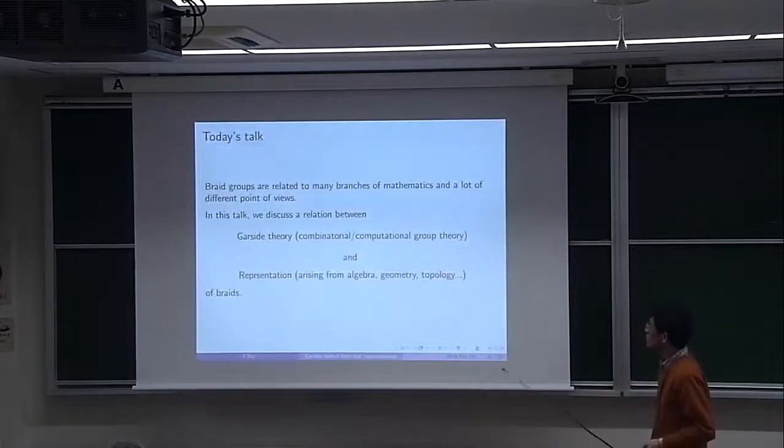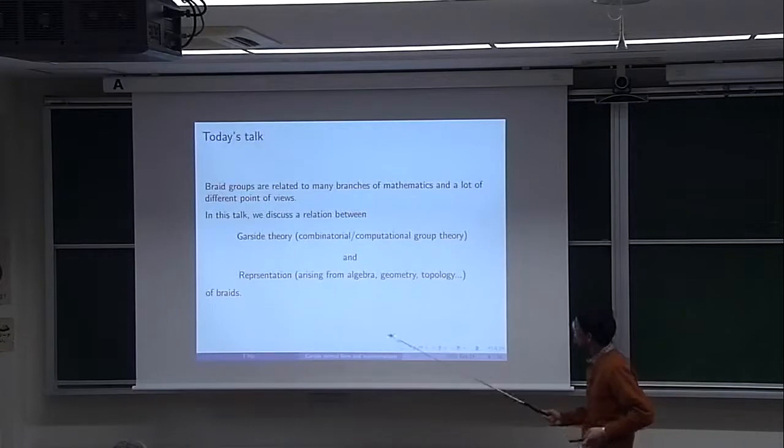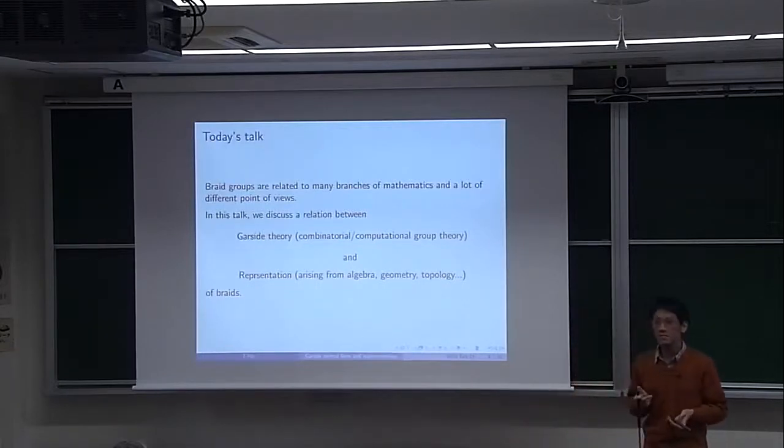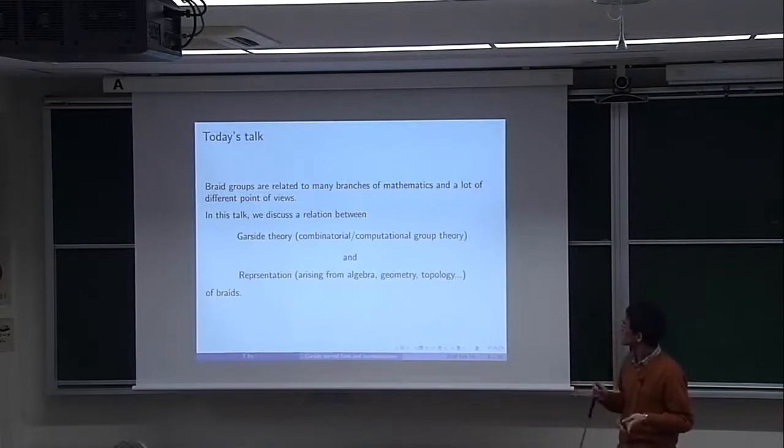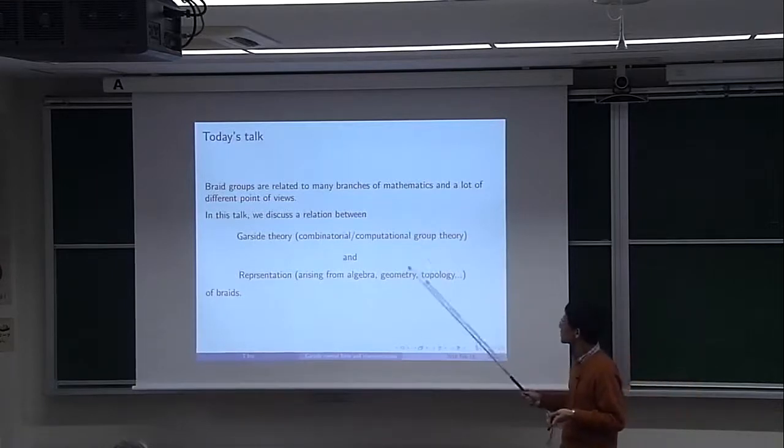So today's talk is about braid groups. Of course, I think many of you have already heard about braid groups and know what a braid group is, because braid groups are related to many branches of mathematics and have a lot of different interpretations. Here, I'd like to discuss the relation between two aspects of braids.